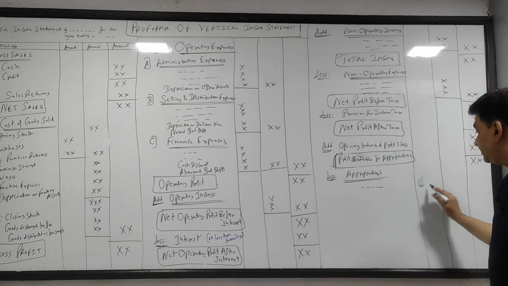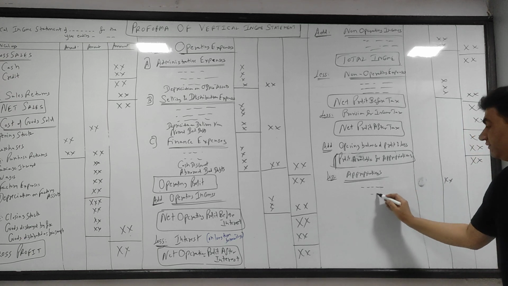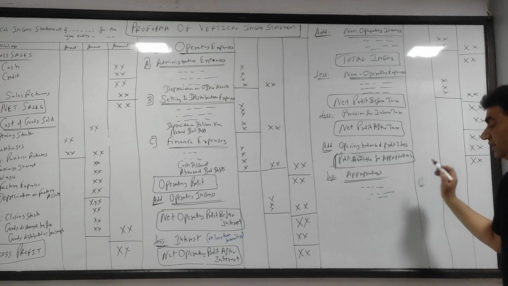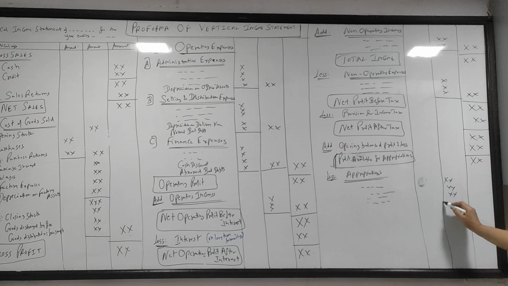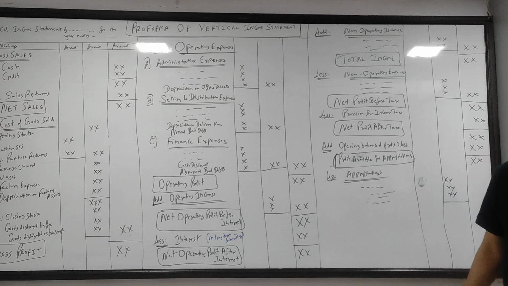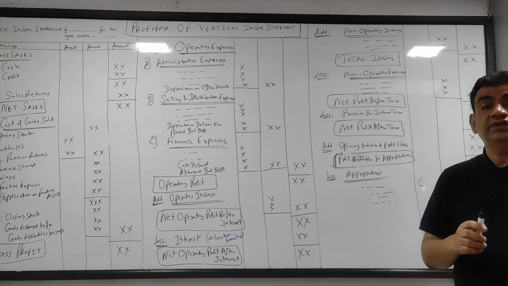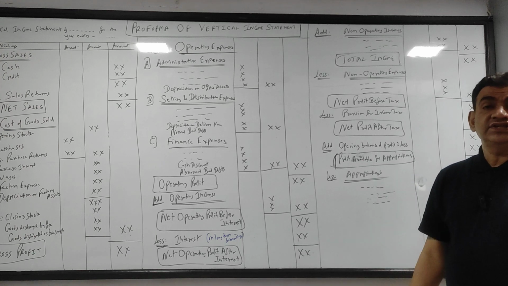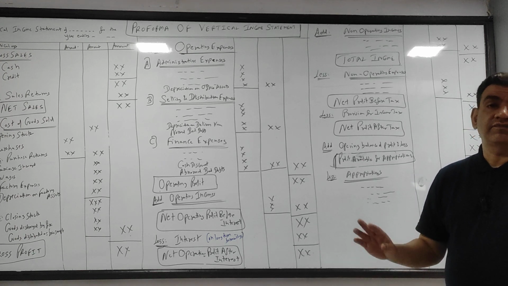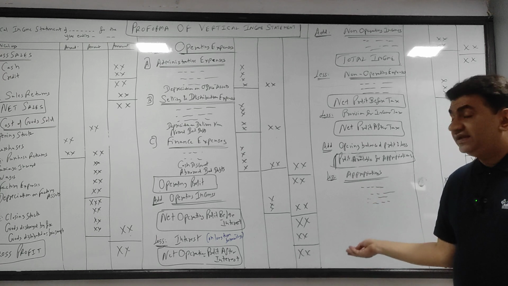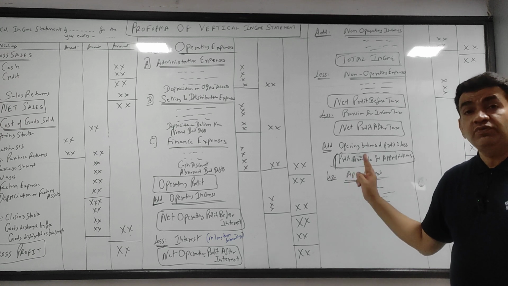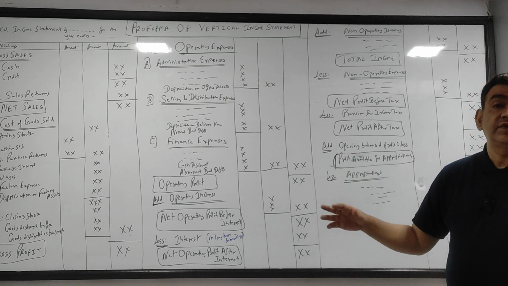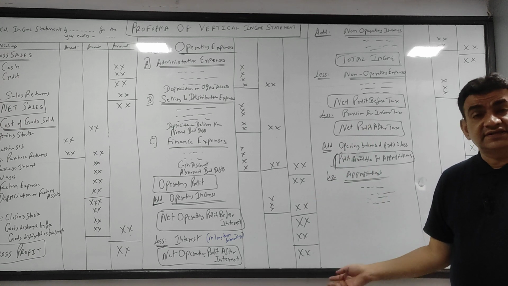Dividend on equity shares, dividend on preference shares, interim dividend, transfer to reserves, all that will be a part of appropriations. Getting it? I have given you the items in the format. So appropriation means voluntary transfers or payments like dividend on equity shares, dividend on preference shares when you make the payment, transfer to reserves, etc.